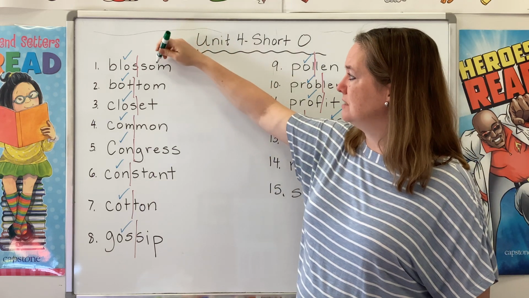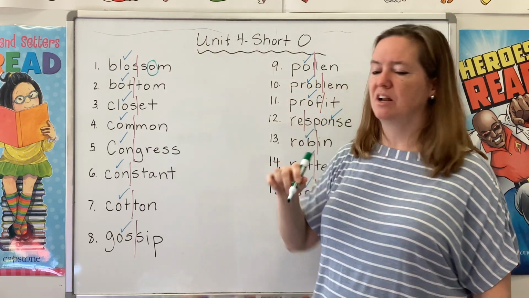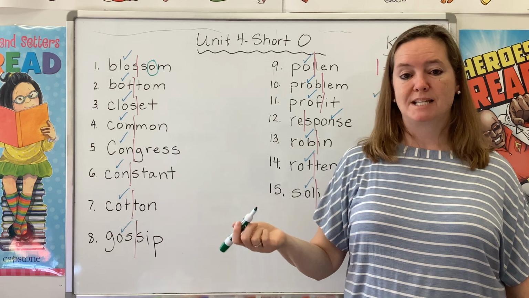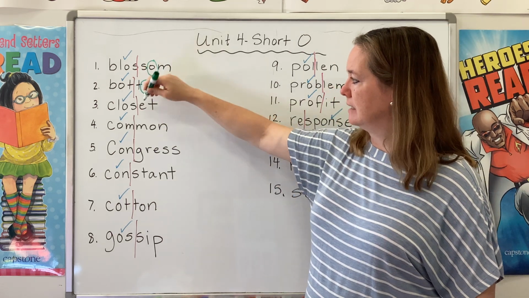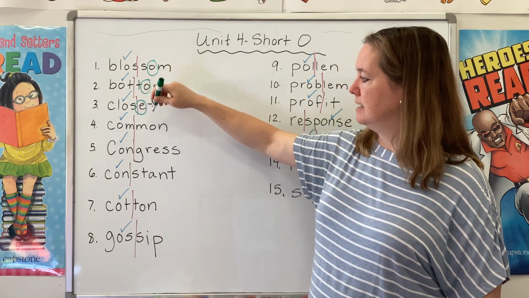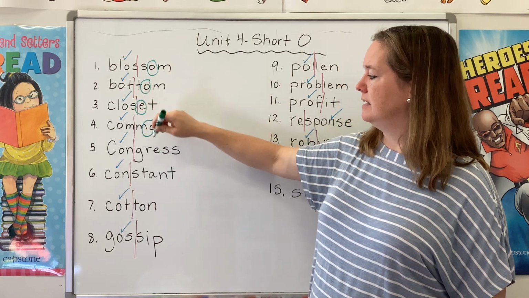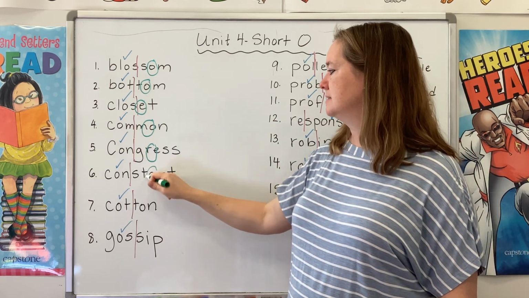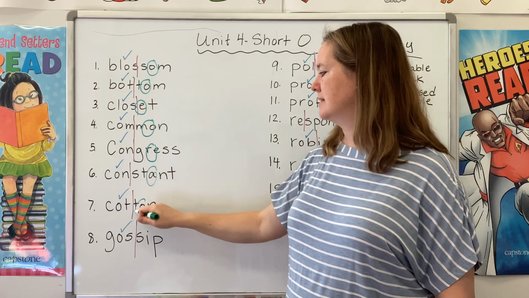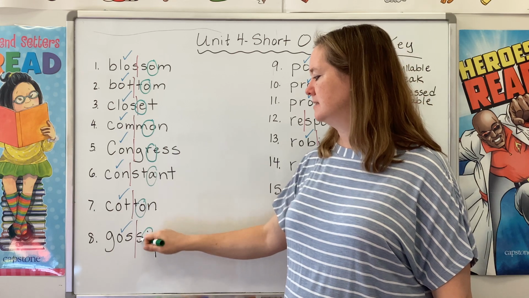So in the word blossom, you can hear that sound represented by O. Same thing in bot, claws, com, con, grus, constant, cot, gas, up.